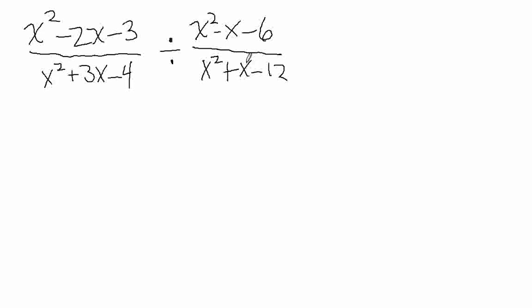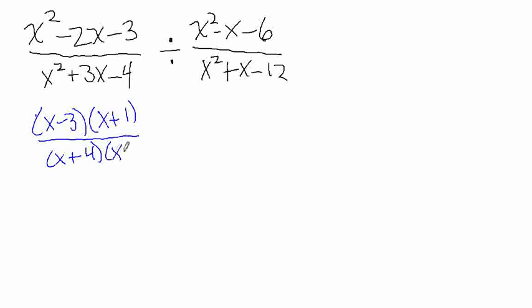Okay, so we're going to use a lot of the things I've talked about, if not everything. So the first thing I'm going to do is turn it into multiplication. And actually, I'm going to factor and turn it into multiplication at the same time. Okay, so there, that blue rational expression is the first rational expression factored.